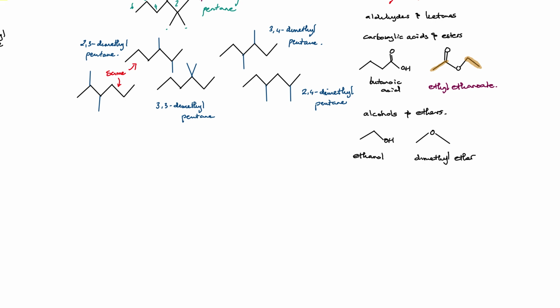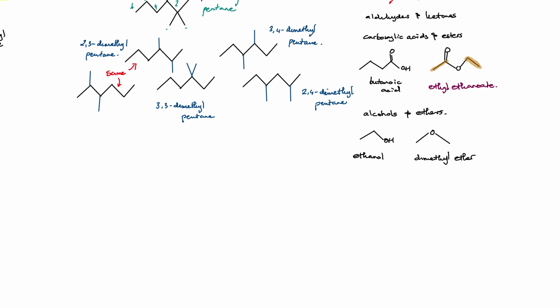So dimethyl ether, and the reason it's dimethyl is because we have a methyl there and a methyl there, so 2 methyl groups. It could be ethyl methyl, so ethyl on one side, methyl on the other, so you can keep that in mind. But it's one that students again tend to forget, that ethers are functional group isomers of alcohols.